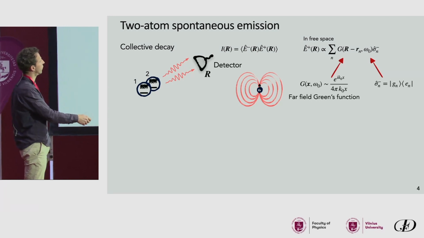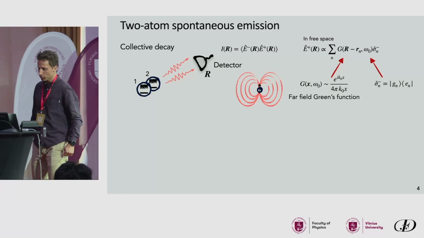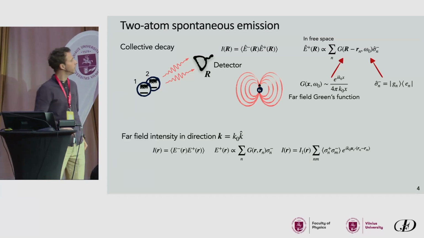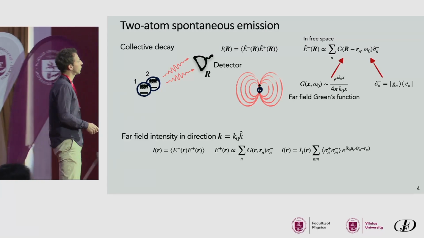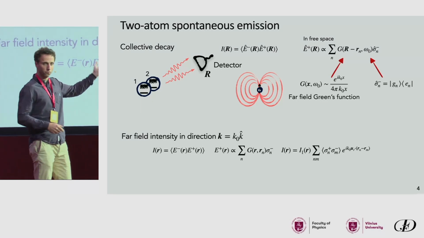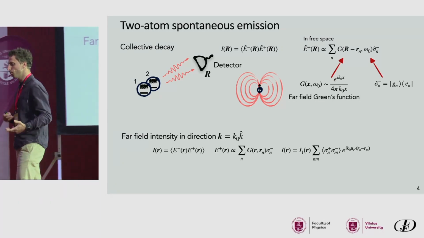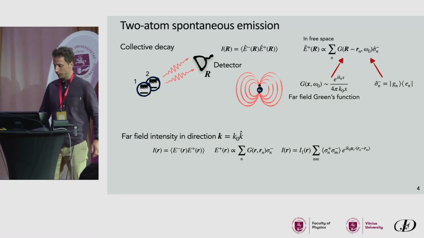In the far field, the Green's function looks like this. When you're measuring intensity, you have to sum over all the different atoms, and what you get is a double sum where you have a sum over correlations. So this actually gives you two probes as an experimentalist to look at this problem.